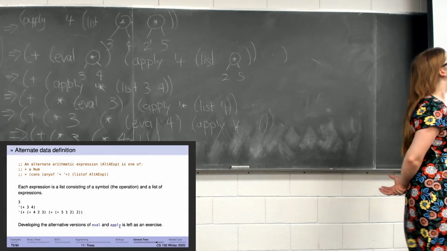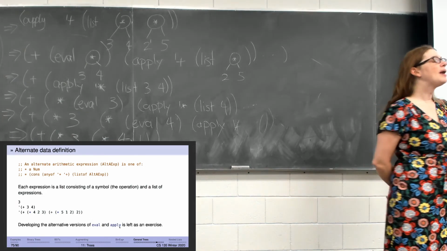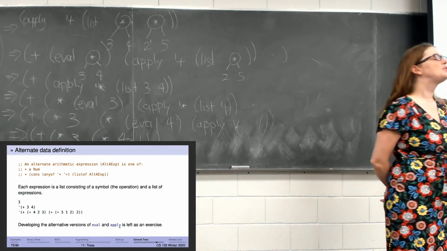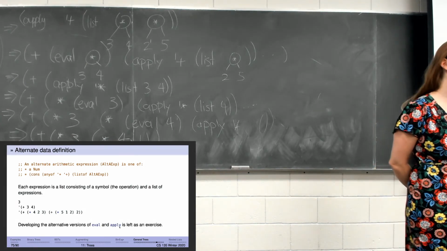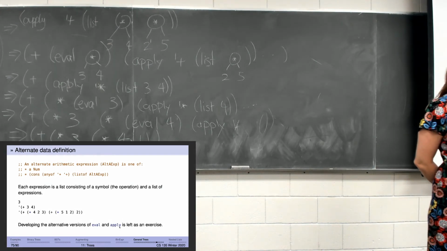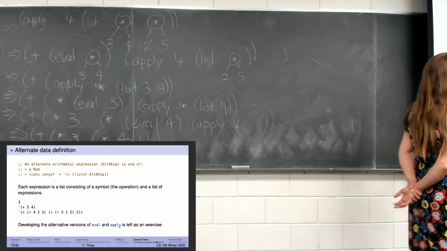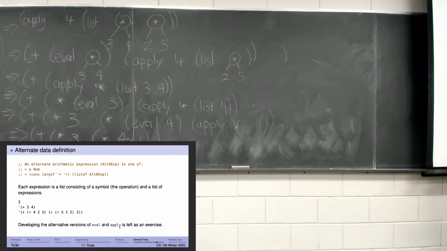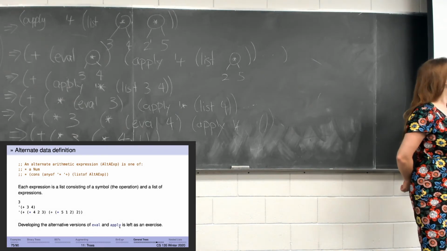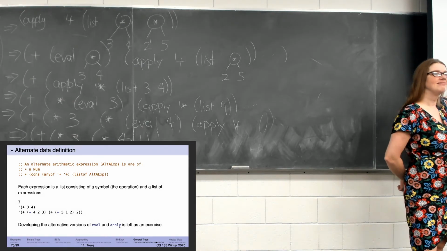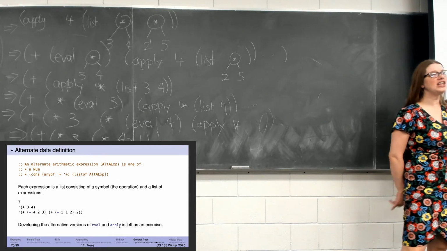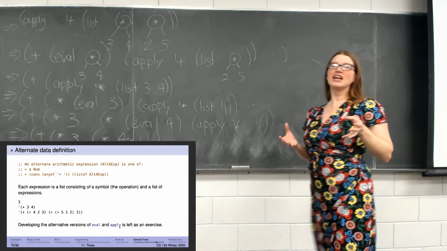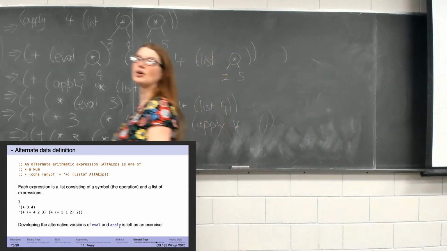Otherwise, it's consing the operator onto a list of arguments, i.e. a list of children. And each of those children is going to be an alternate arithmetic expression, which means you're going to end up with a lovely nested list. You can take this nested list and draw a tree from it, and you can take a tree and draw a nested list from it.